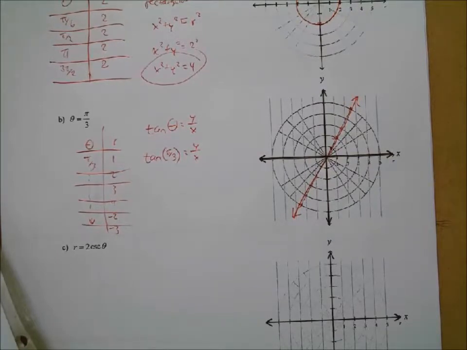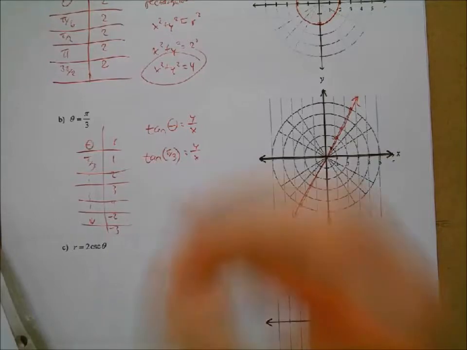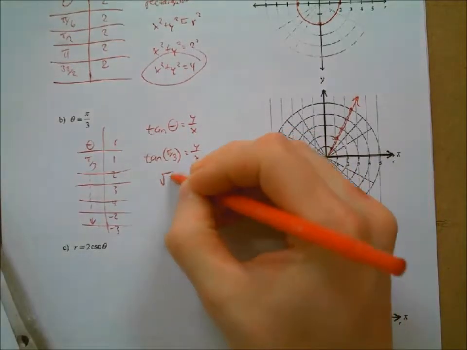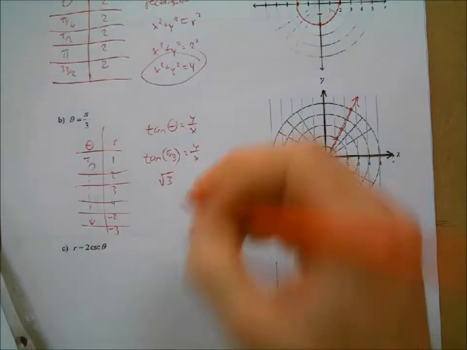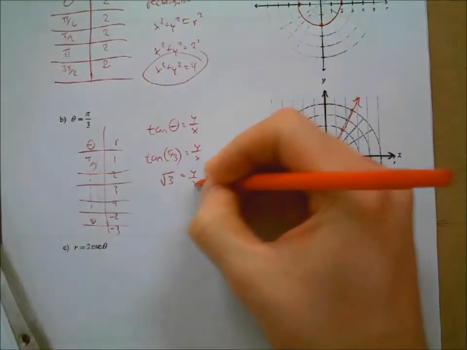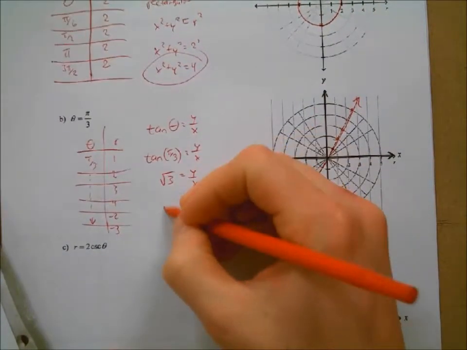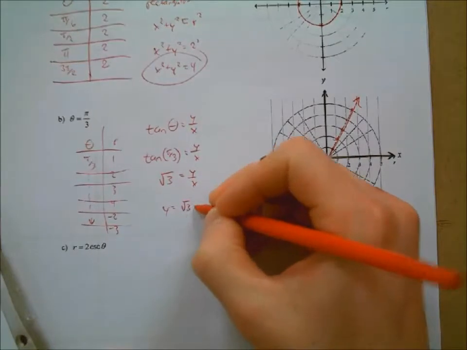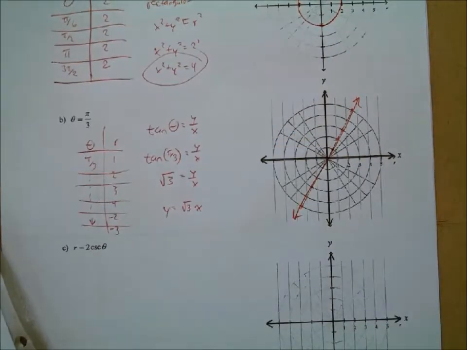I'll help you out there. It's root 3. Equals y over x. Or in other words, multiplying the x over, we have y equals root 3 times x. So what is the slope of this line in rectangular coordinates? Root 3. Exactly right. So it's a line that has a y-intercept at the origin and a slope of root 3. That's the equation in polar coordinates.